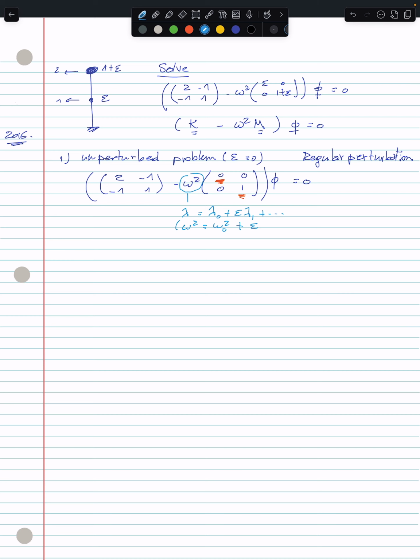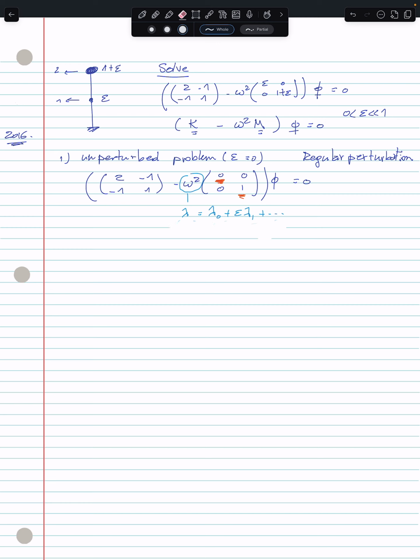Then we need to decide what you put here, right? But if you write omega 1 squared, because epsilon is usually a positive number, that's how it's stated in the problem. All right, epsilon is a positive number. You see that here we face an issue, because it means that the first correction is always positive. And that's not necessarily what we want, all right?